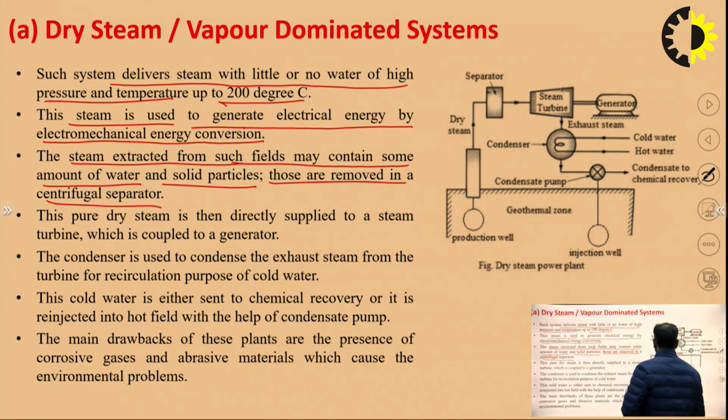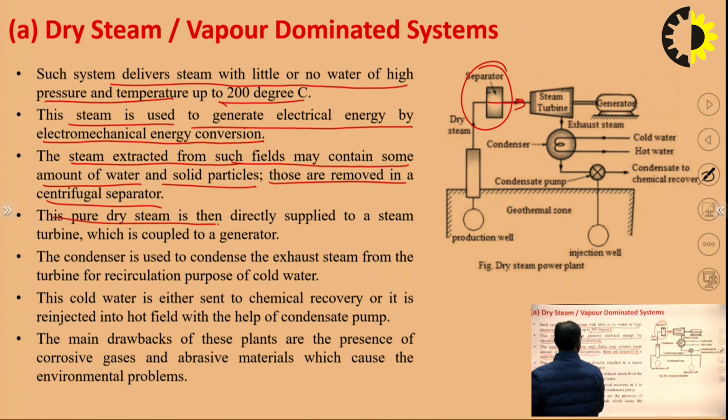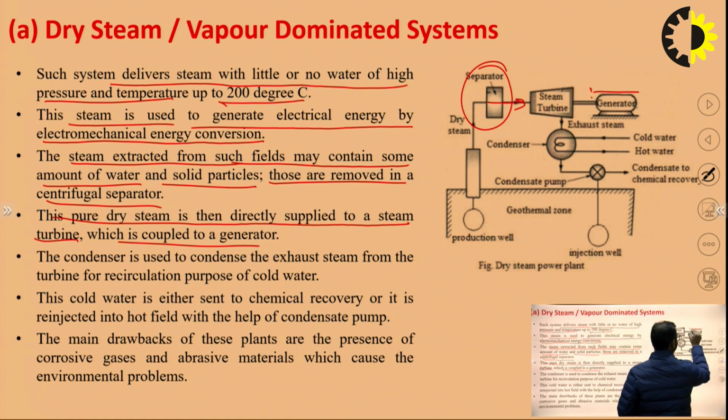So with the help of this centrifugal separator, we can remove the solid particles and only dry steam will enter this steam turbine. This pure dry steam is then directly supplied to a steam turbine which is coupled to this electric generator.